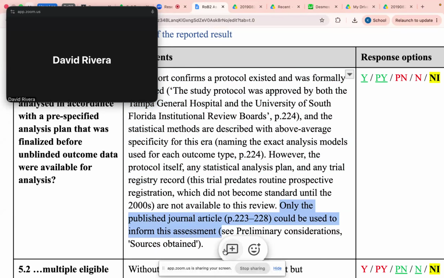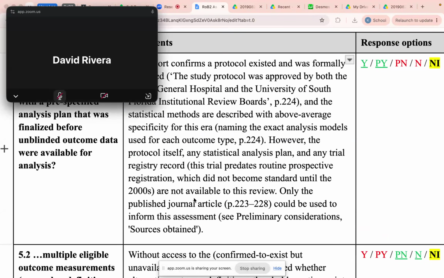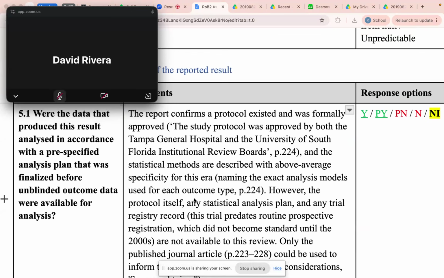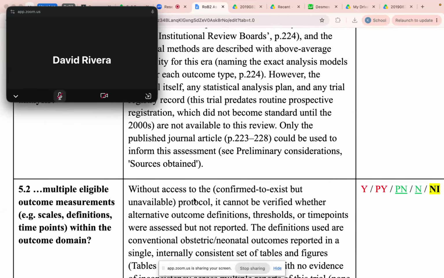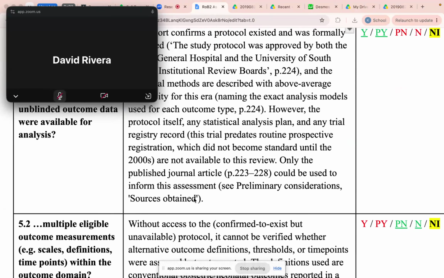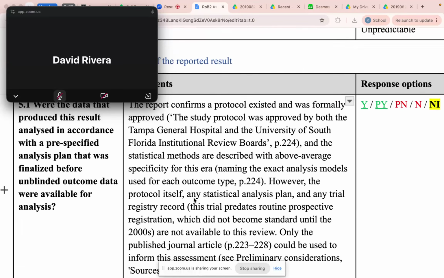So in this first stage, we do not have the protocol to review and compare, because we reviewed the article.